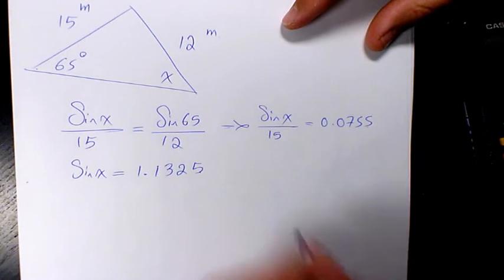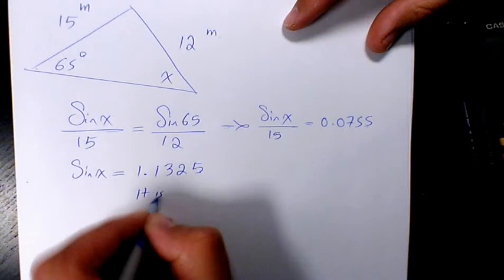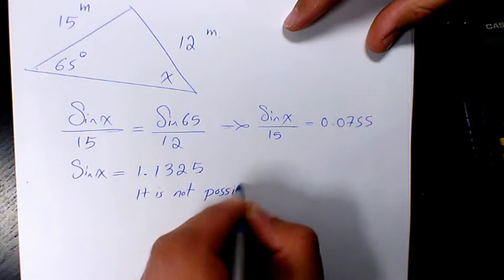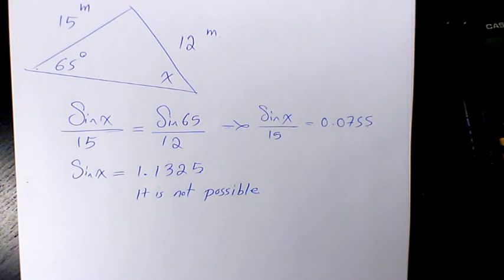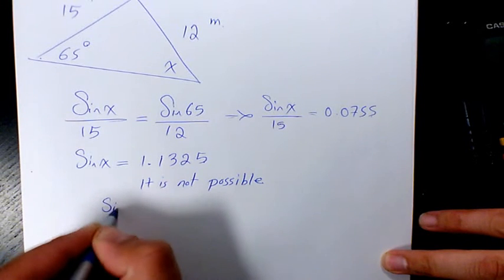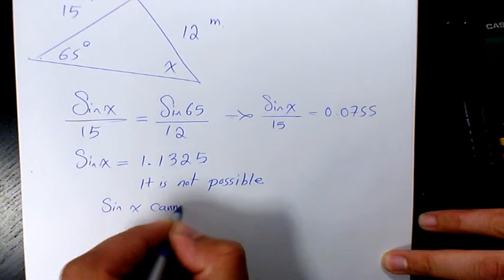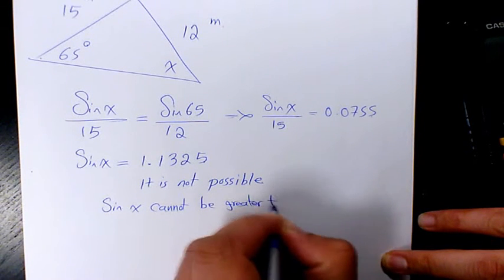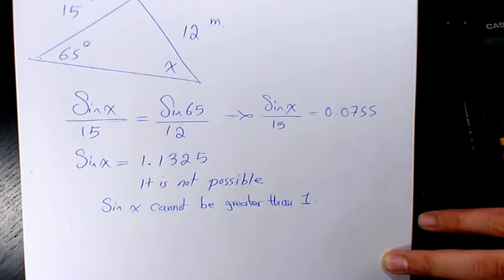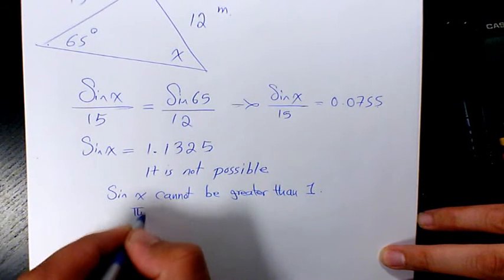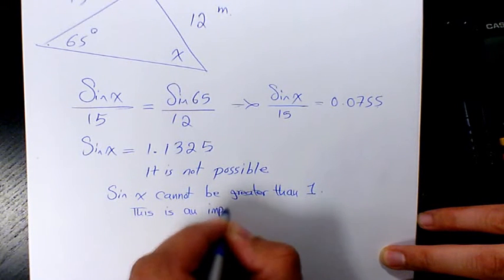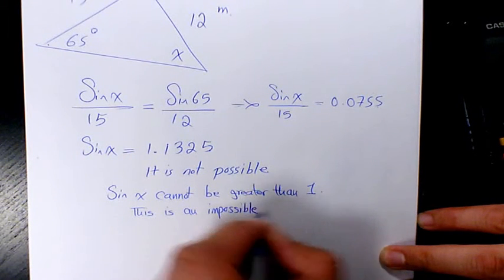Is this possible? It is not possible, because sine x cannot be greater than 1. So this is an impossible triangle.